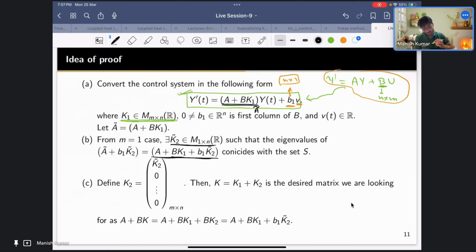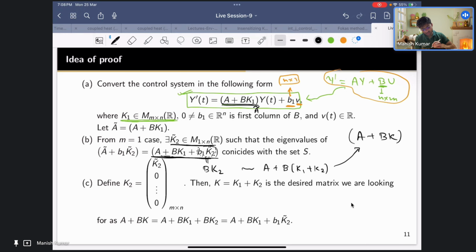Now recall that what we wanted is A plus BK kind of thing, and not this kind of matrix expression. So you want to convert this so that this whole thing you can write as B times something, B times k2. If you can write this as B1 k2, then from here you can clearly say A plus B times (k1 plus k2), and then you are done.